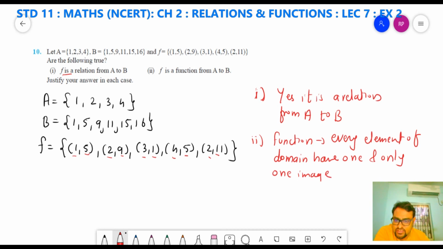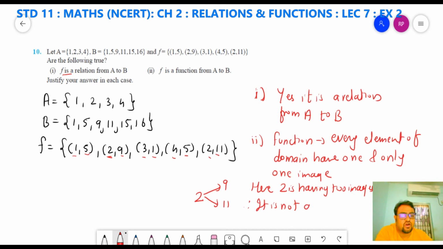But what you see here is 2. If I take 2, it has two images, 9 and 11, right? Here 2 has two images.